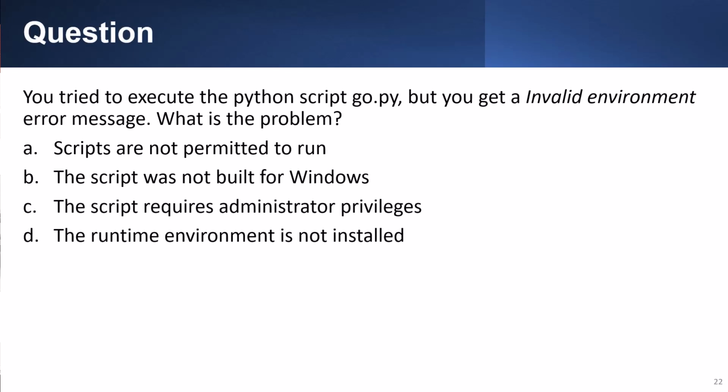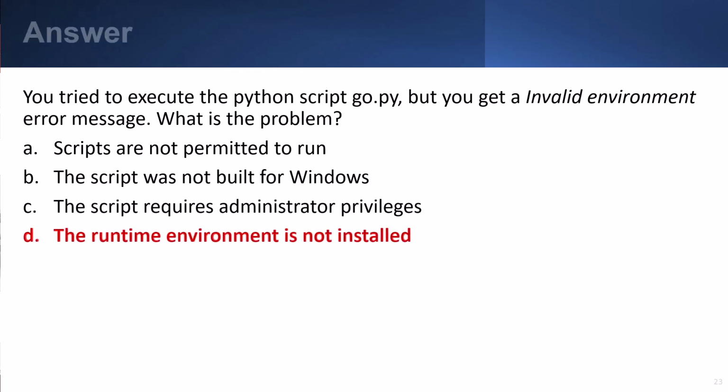Question: you tried to execute the Python script go.py, but you get an invalid environment error message. What is the problem? Answer: the runtime environment is not installed.